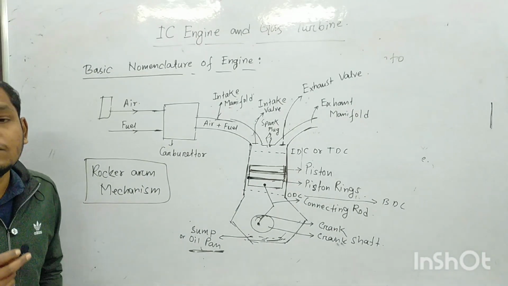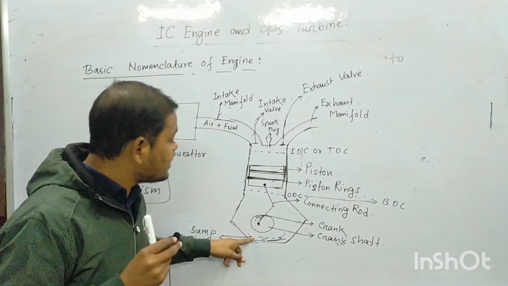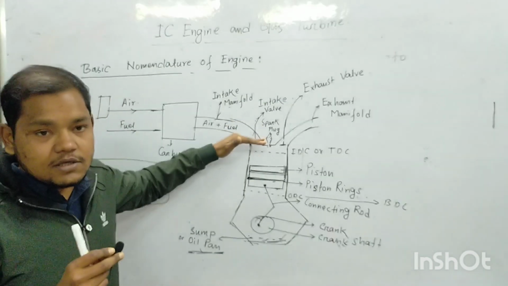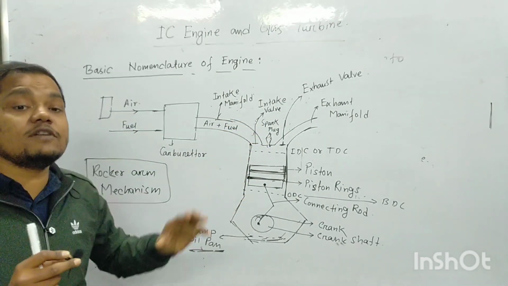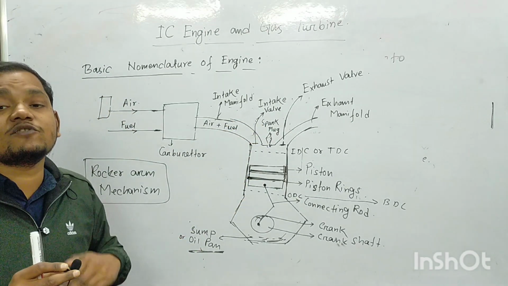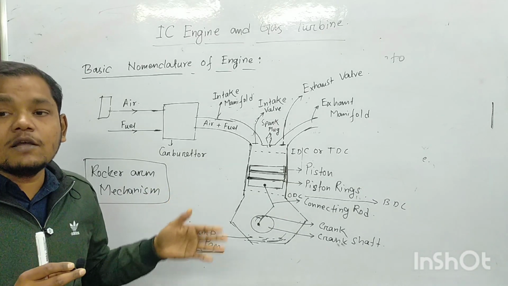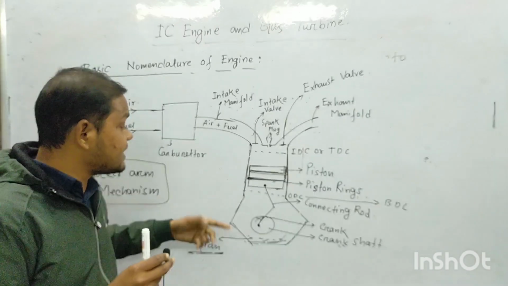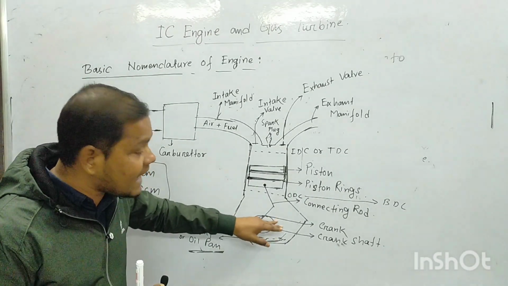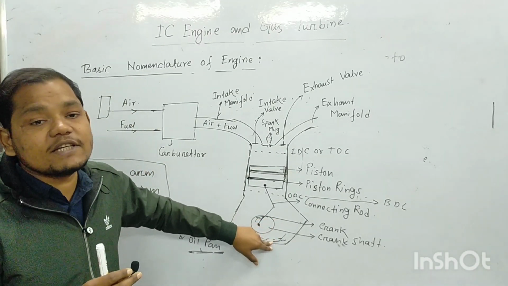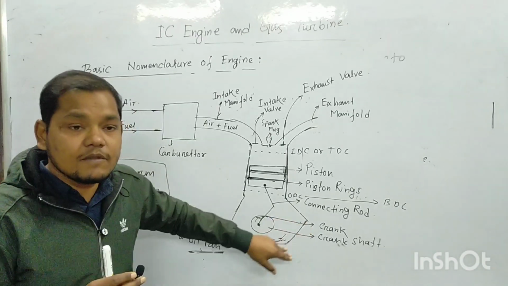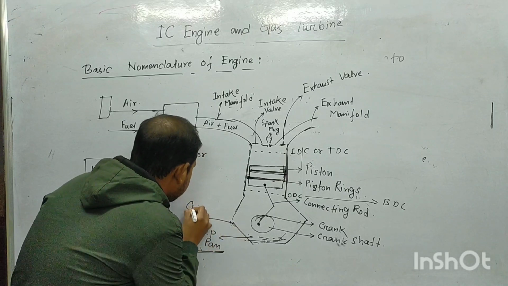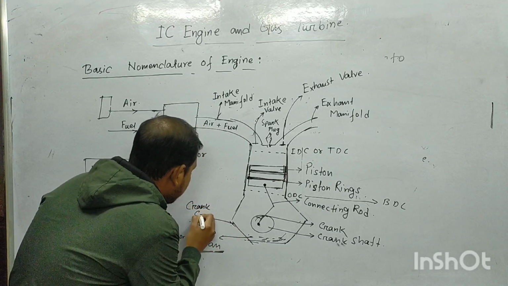When the piston is reciprocating, moving the crankshaft, and completing the four strokes, suction, compression, power and exhaust, that will be discussed in the next class. This is generally called the crank case, crank case.